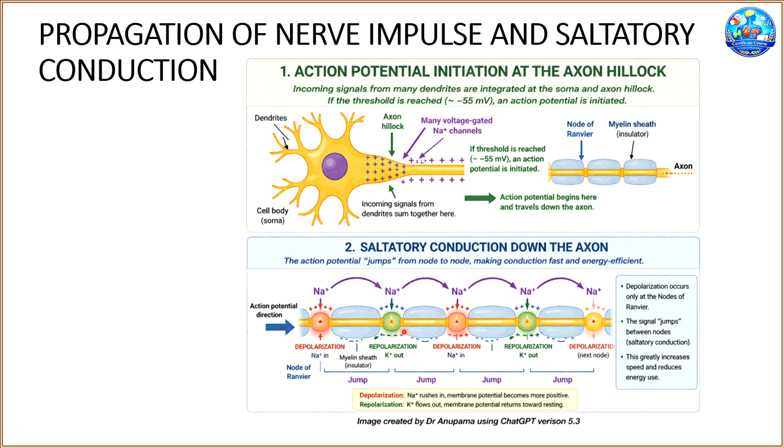This is how saltatory conduction makes sure that nerve impulse conduction is very fast and also energy efficient. At depolarization, the action potential reaches here, followed again by the resting potential. That's how depolarization and repolarization events make sure that continuous conduction of the nerve impulse takes place in the neurons.